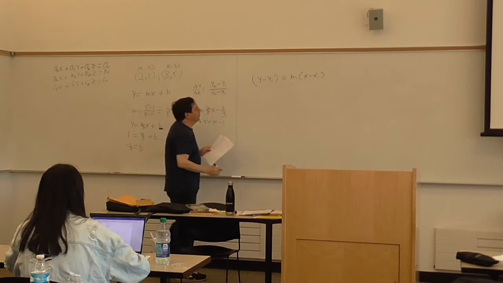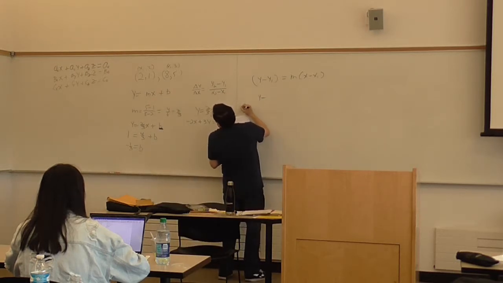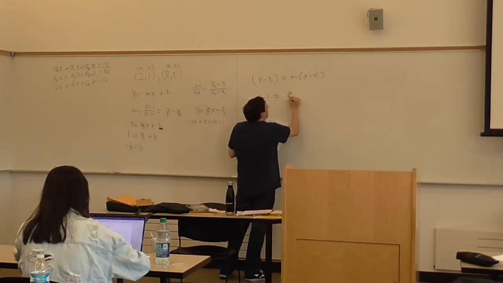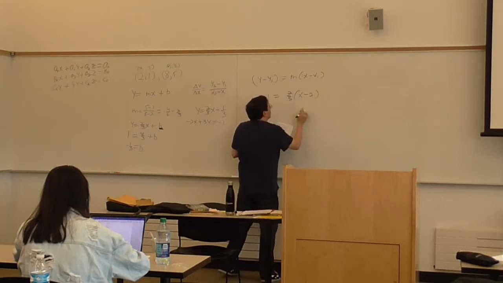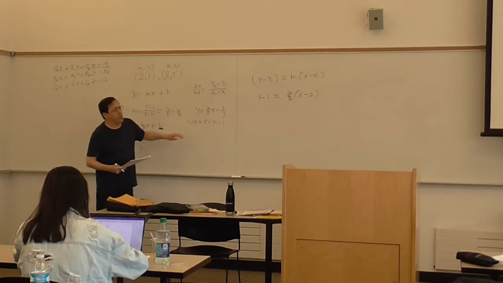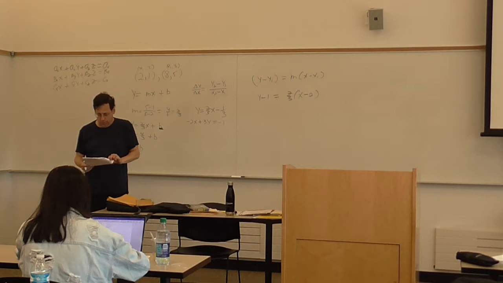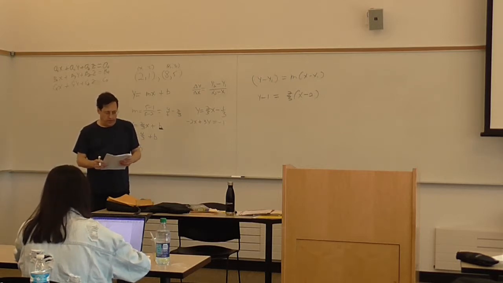We already know the slope here is 2/3, so y minus, let's pick, say, y1 is 1, equals 2/3 times x minus x1, 2. And if we rearrange this, we'll see it's the same equation. If you like the point-slope form. Okay.